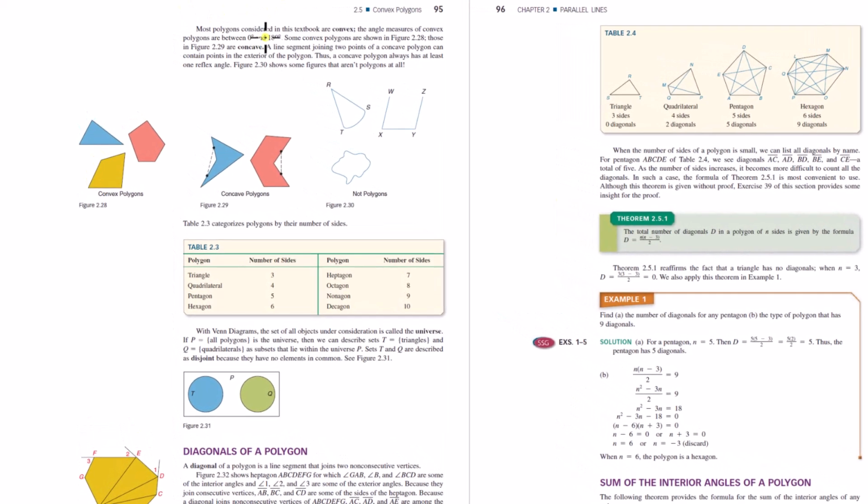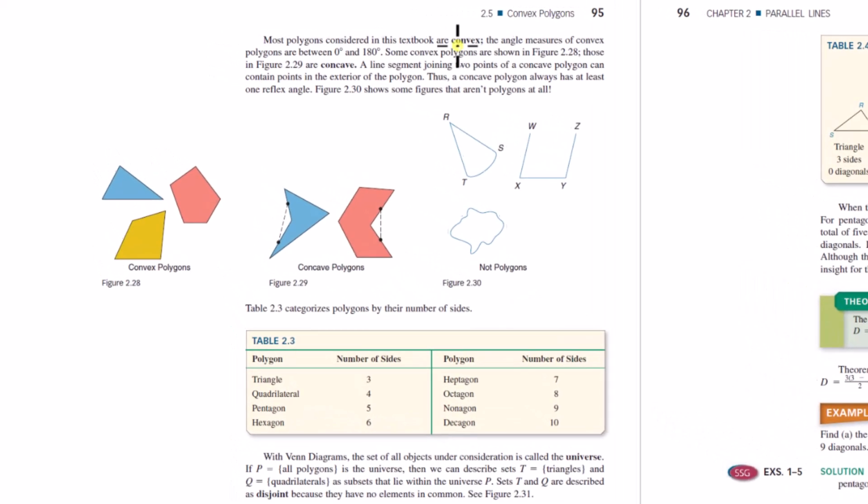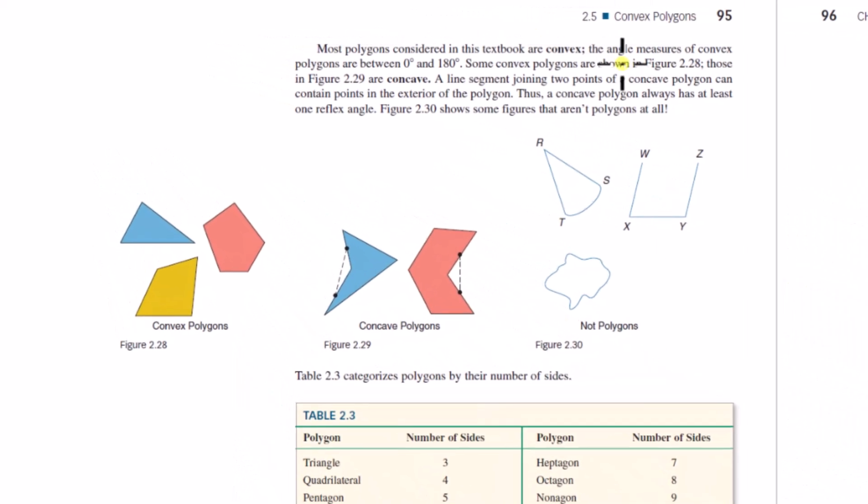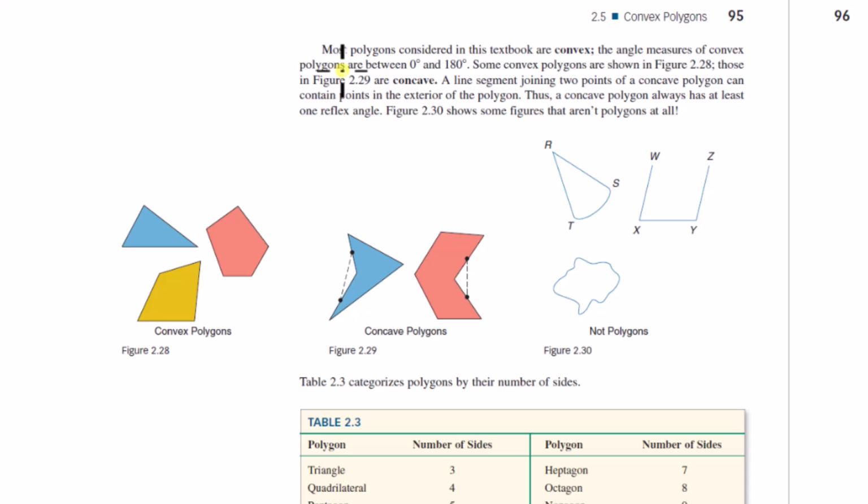Most polygons considered in this textbook are convex, where the angle measures of convex polygons are between 0 and 180 degrees. So by the angle measures, we can see that they're talking about the interior angles. We know the interior angles of a triangle are all between 0 and 180 degrees, right? And that's what they're saying a convex polygon is. So a triangle is a convex polygon.